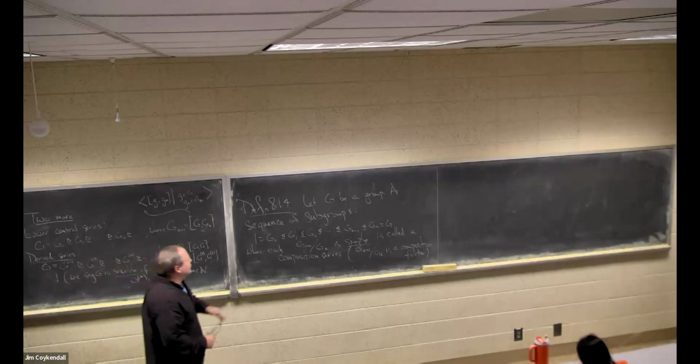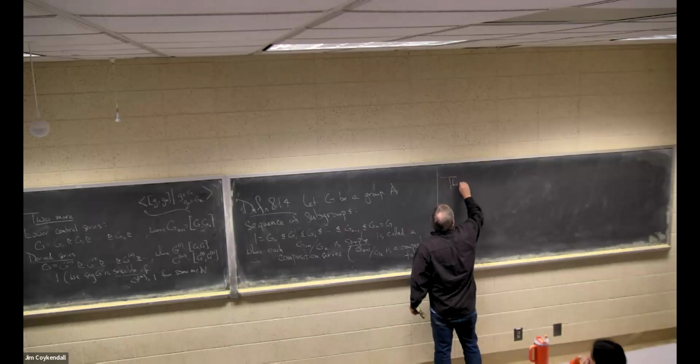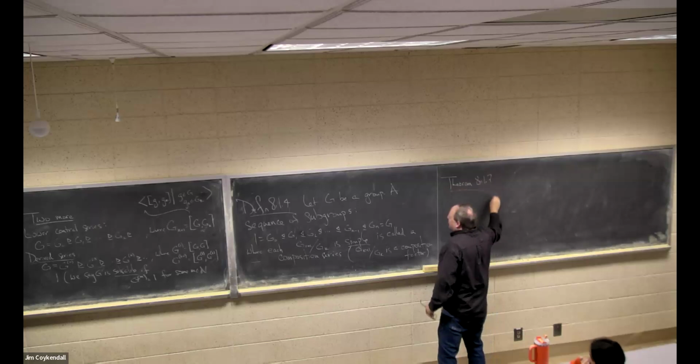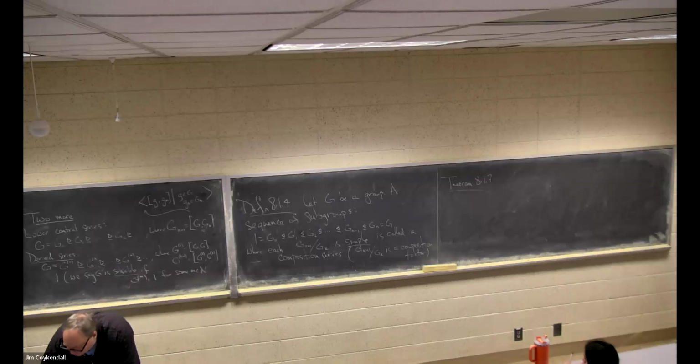Now, here's what composition series. This was 1889. And this is one of the things that motivated the big push that was done for actually decades in group theory, trying to classify the finite simple groups. This is called the Jordan-Holder theorem.